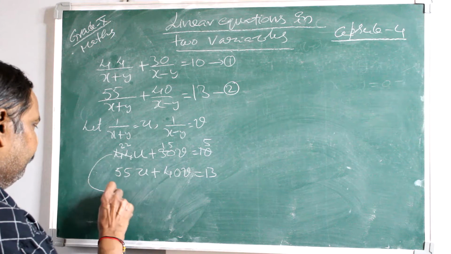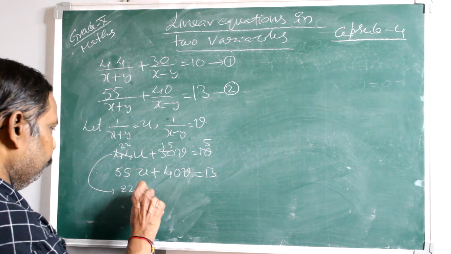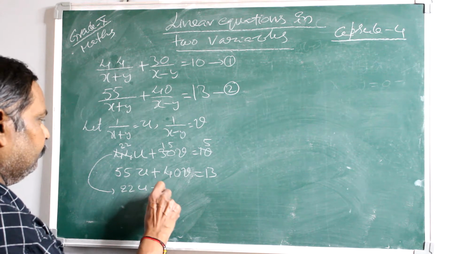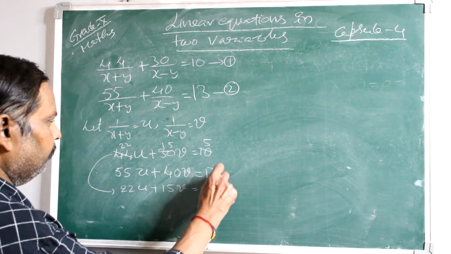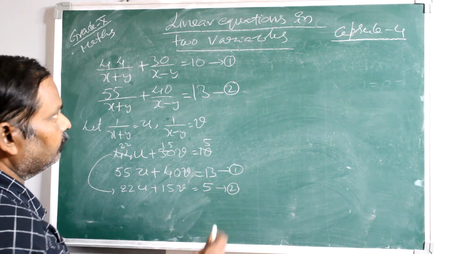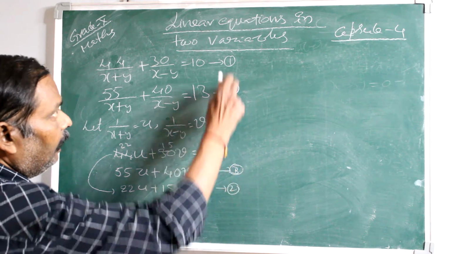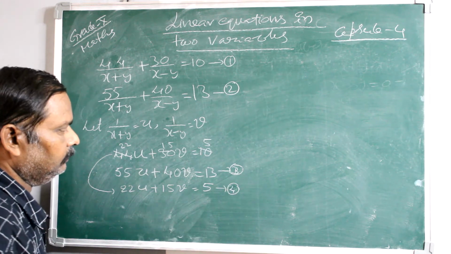So this can be written as 22u plus 15v is equal to 5. Now take this as equation number 1 and this as equation number 2. Or since 1 and 2 are already taken, you take 3 and 4.